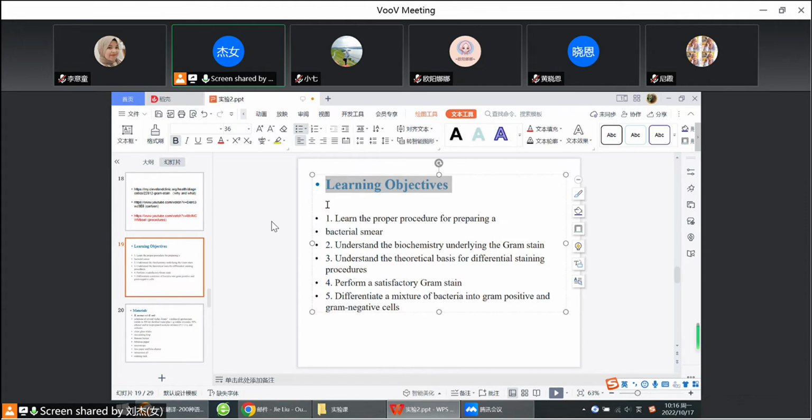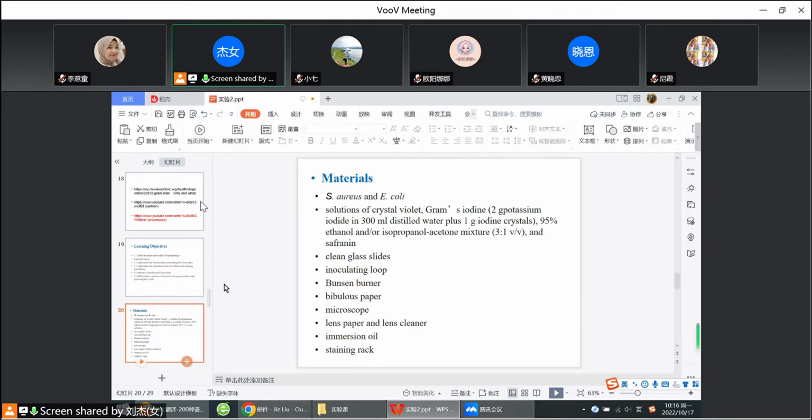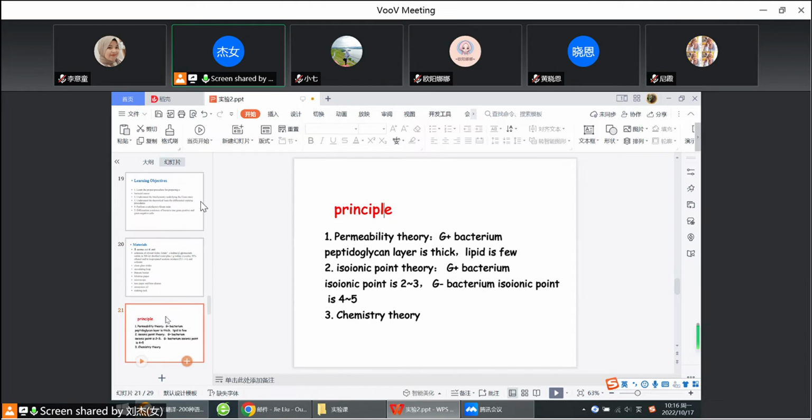I also sent you the experiment class document with the learning objectives: to understand the mechanism and how to do the Gram staining, and to perform a satisfactory Gram stain.